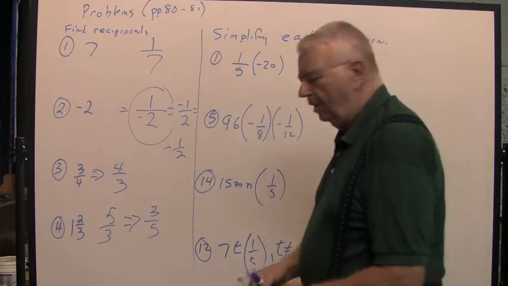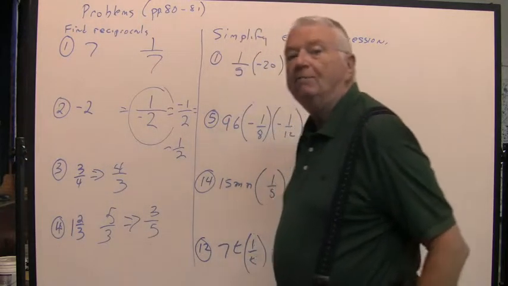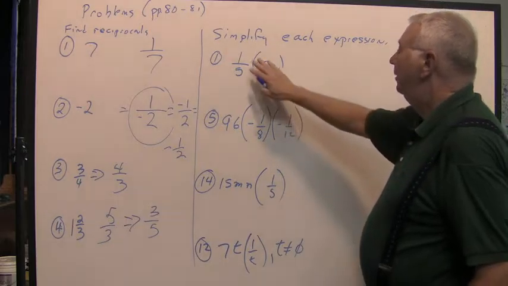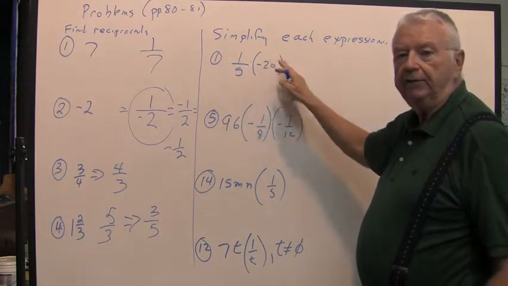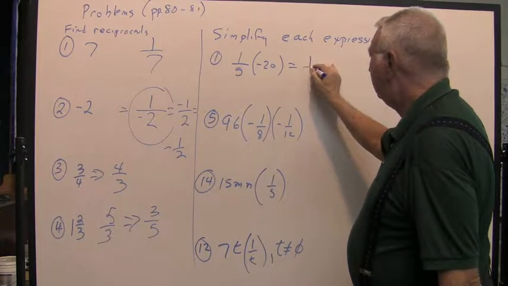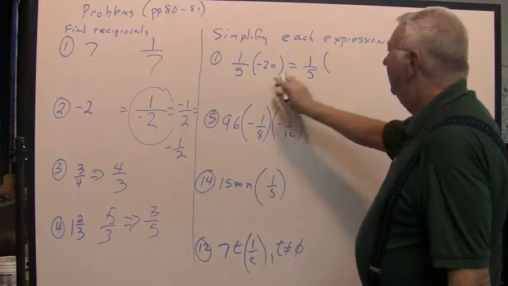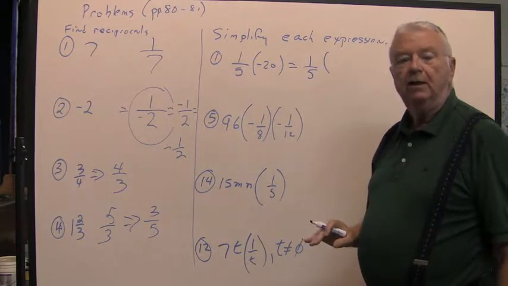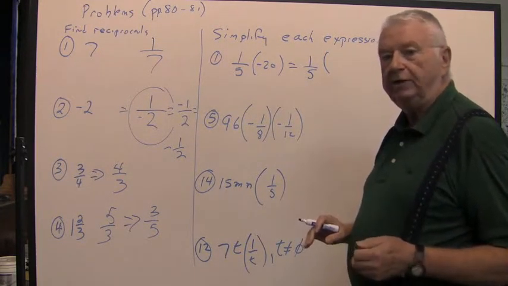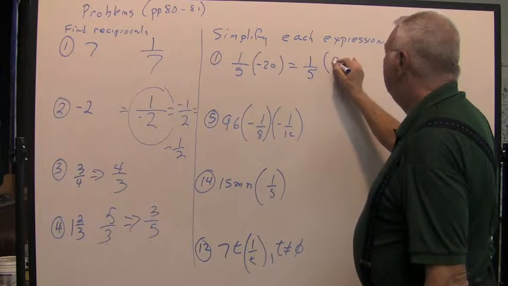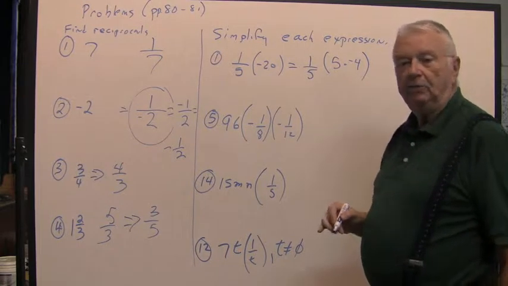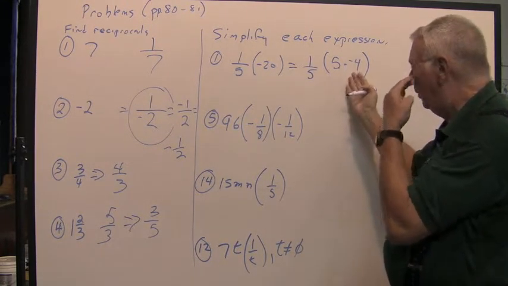Now let's apply it to some expressions to simplify the expressions for us. When we look at 1/5 of -20, what we're going to do here is keep our 1/5, but now take the -20 so that we get the factors of it, and one of those factors is going to be 5. So this becomes 5 times -4. That will give us the -20.